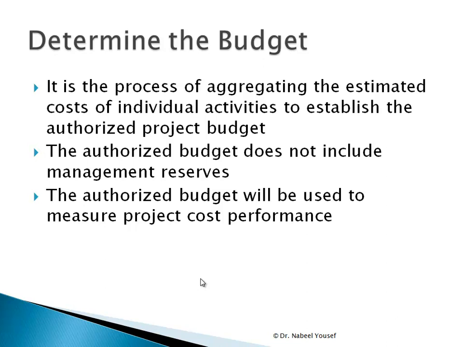The second process is to determine the budget, the project budget, and it is the process of aggregating the estimated cost of individual activities to establish the authorized project budget. The authorized budget does not include management reserves, and the authorized budget will be used to measure project cost performance.